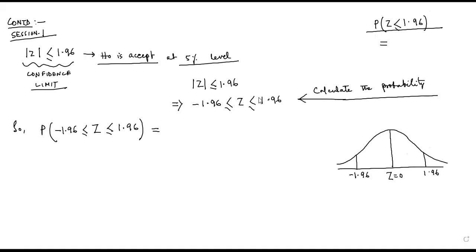If you have located the note and the normal table, I think you will be able to find the probability. What is the probability when z is less than or equal to 1.96? Try to find this probability from the normal table and write it in the chat box.